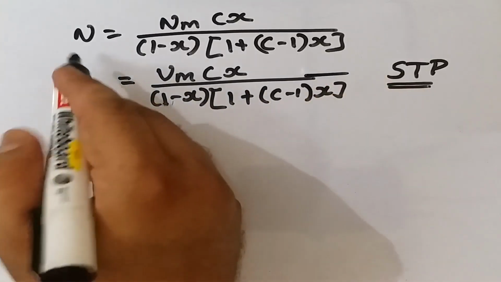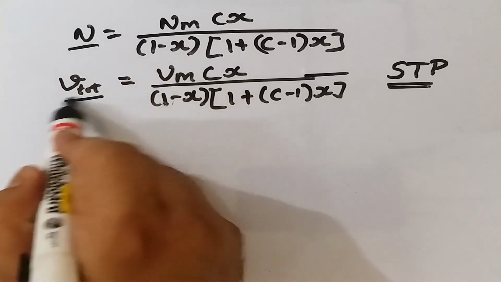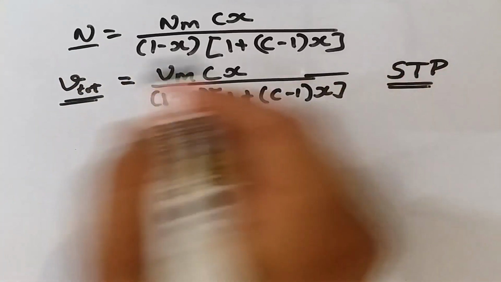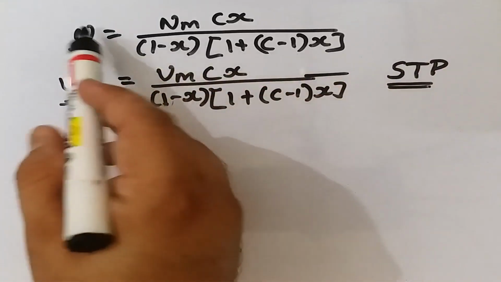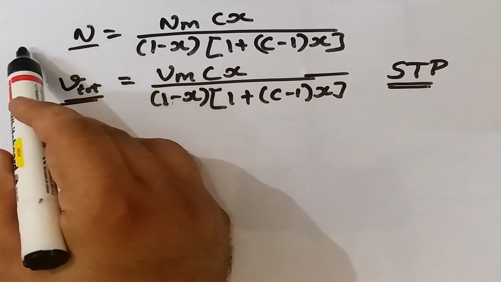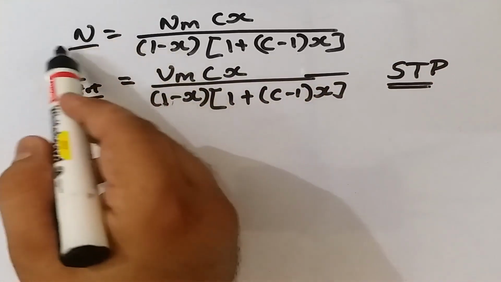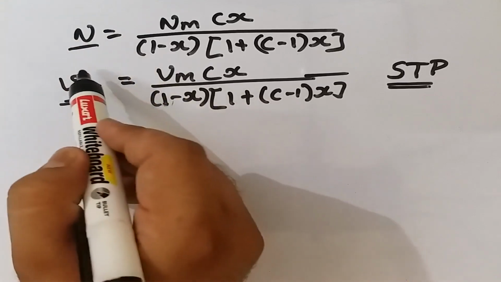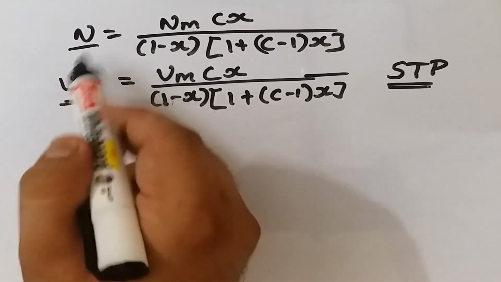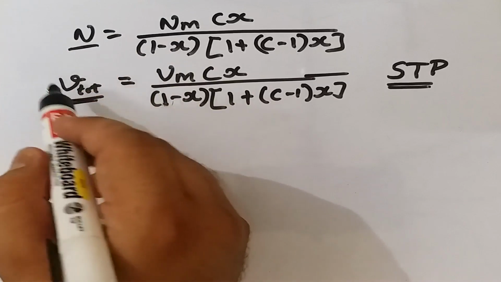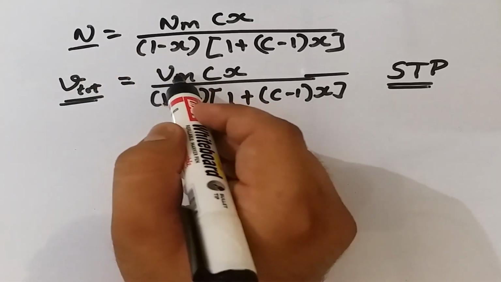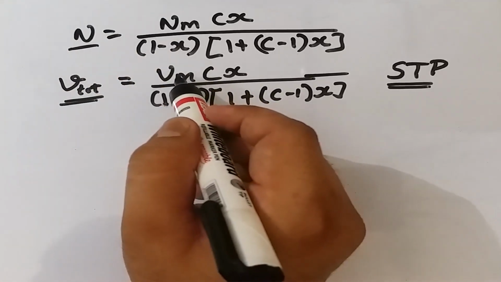We are replacing the number of molecules with volume as the calculation is carried out at STP, where the number of molecules is directly proportional to the volume, and V total is our total volume and Vm is the volume of the monolayer.